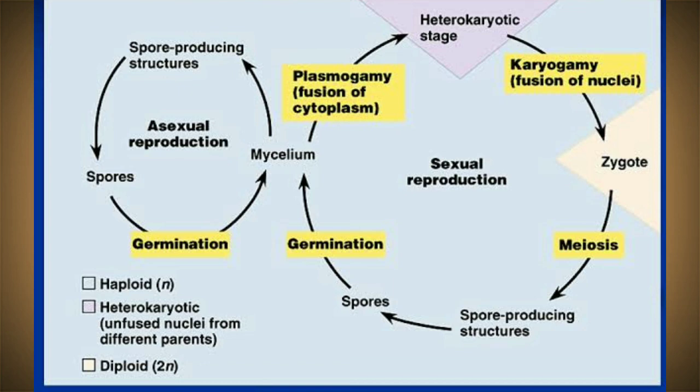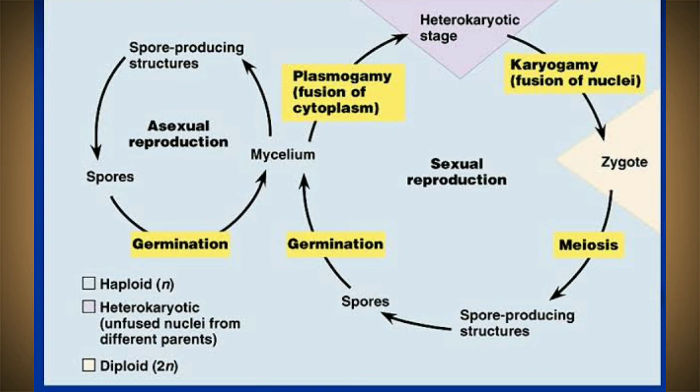In sexual reproduction, they form gametes within gametangia, and these gametangia come in close association and undergo three steps. Plasmogamy is the fusion of cytoplasm, which results in a dikaryotic or heterokaryotic condition. Finally, the nuclei fuse with each other, and that process is called karyogamy.